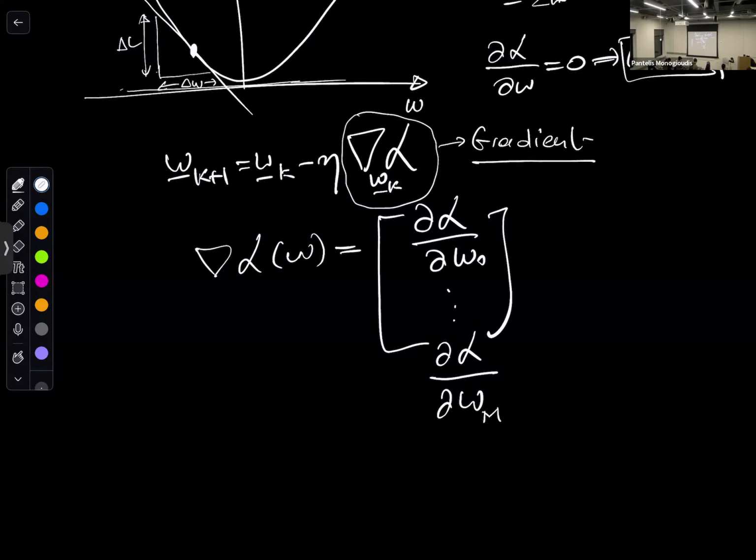So in general, W will be a vector like we had earlier, and effectively this gradient captures some form of direction in this vector space of M.